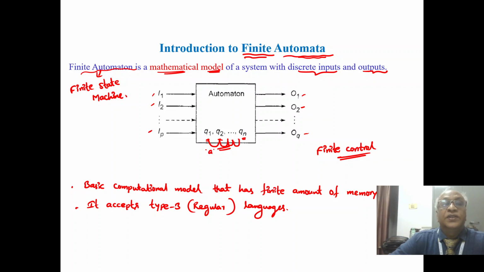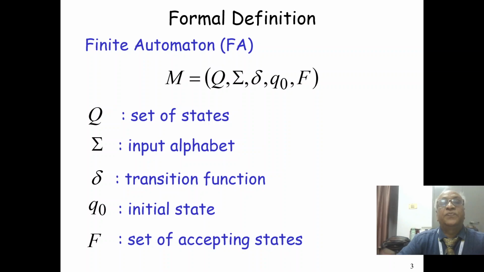As you can see, finite automata is what? It's a mathematical model of a machine, of a computer. It has discrete inputs and outputs. Basically, it's a theoretical computational model with a finite amount of memory. And finite automata accepts type 3 regular languages.